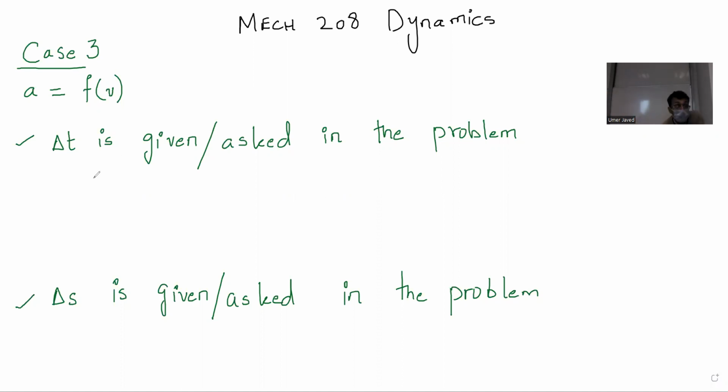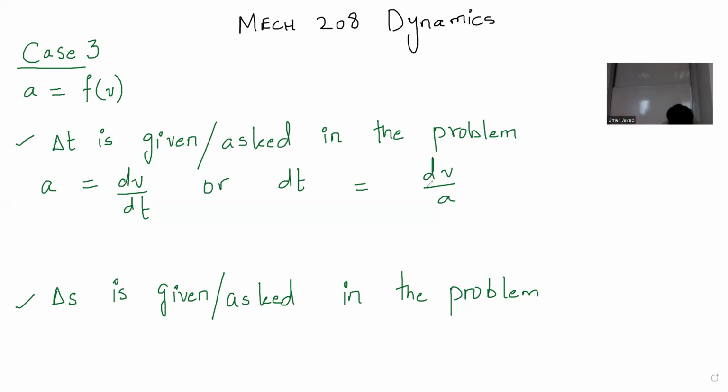What's your intuitive guess? What should I do? If I am going to find delta t, I think all of us agree that I should write A equal to dv by dt and I should play with it, right? Now, what should I do? I will have to start playing with the dt, right? So dt equal to dv by A. Does it make sense? Because this acceleration is equal to 3 multiplied by velocity, or something that's a function of velocity, and I have a dv sitting on top of that.